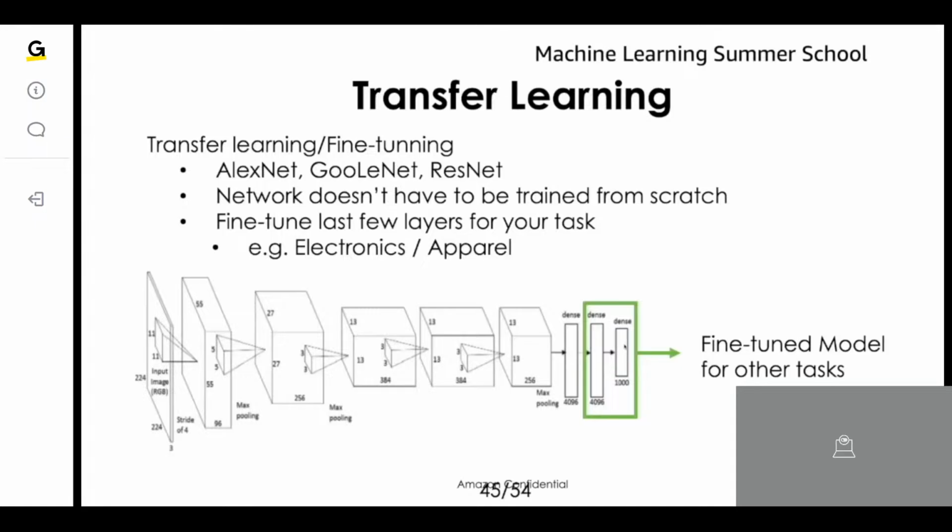Suppose AlexNet trained on ImageNet has a 1,000 dimension layer at the end, and if your classification requirement is just 500 classes, you can remove this last layer, replace it with a 500 dimensional layer, and just retrain these last few layers. This is called fine tuning the model.